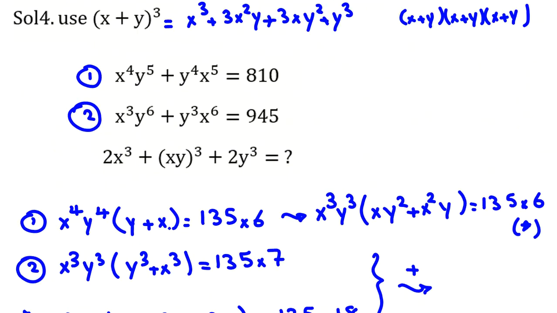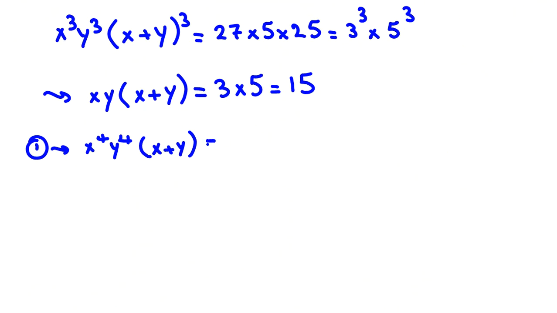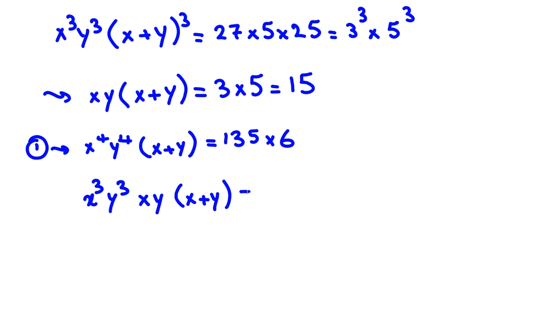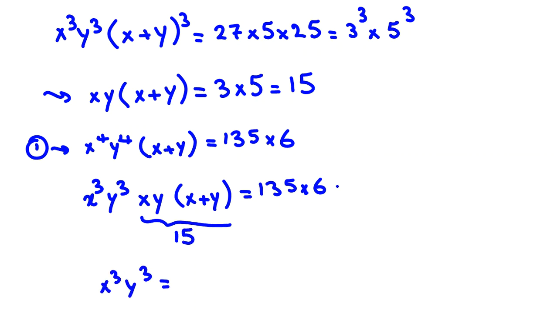Here, x cubed y cubed times x plus y is 135 times 6, which is first equation. I can say it is what? X cubed, y cubed times xy times x plus y, because I want to use this. 135 times 6. I know xy times x plus y is 15. So I can conclude x cubed y cubed. You should divide both sides by 15.